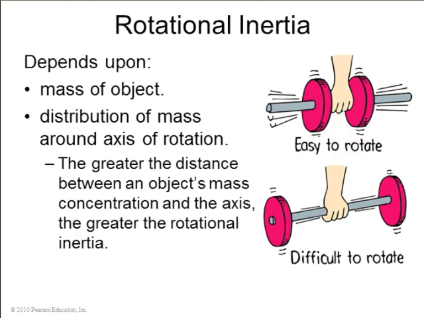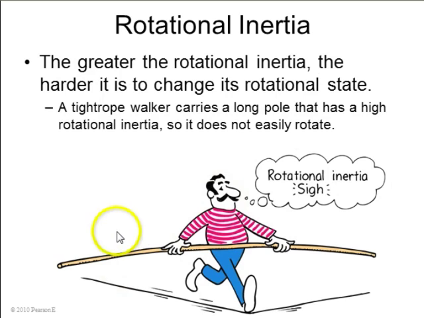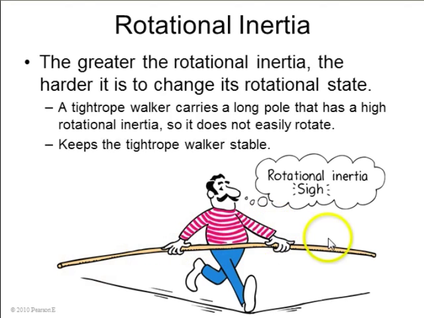But if you take that same mass and move it further away from the axis, it's harder to rotate, so it has a greater rotational inertia. And this is actually used by tightrope walkers. He will carry a long pole that has a high rotational inertia, and that keeps him stable.